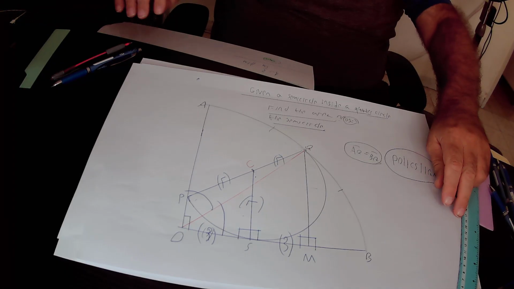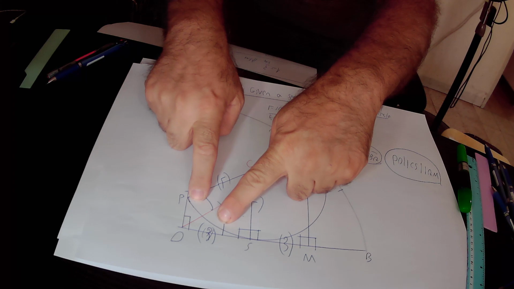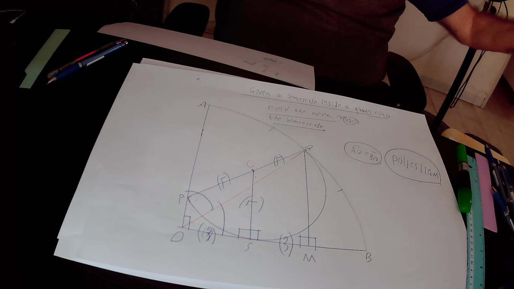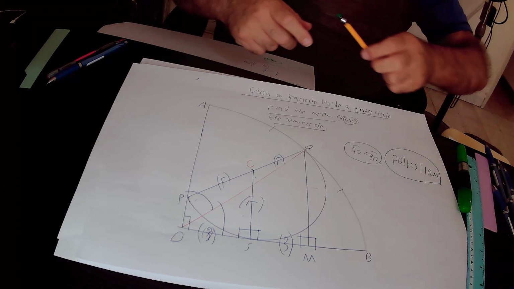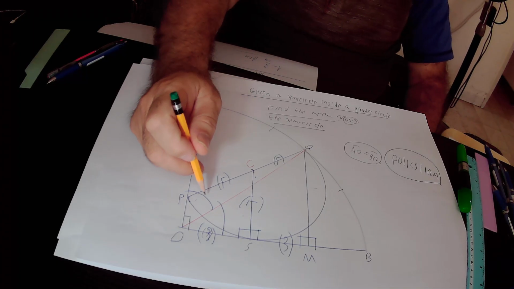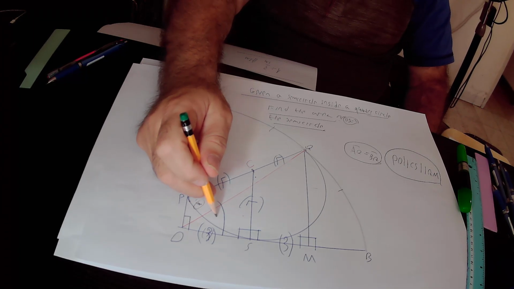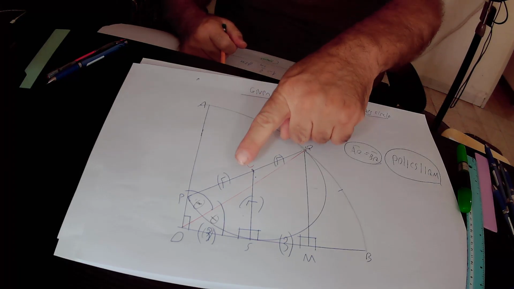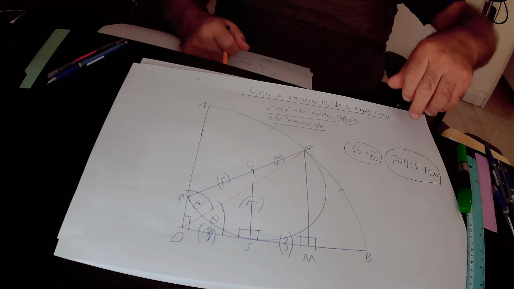So according to rule 23, because those two center angles subtend those two equal arcs, they must be equal to each other in size. So if we define the size of this center angle as theta, then the size of this center angle must also be theta. Theta plus theta equals 90 degrees because angle AOB equals 90 degrees in size.